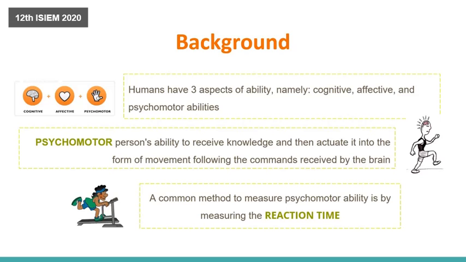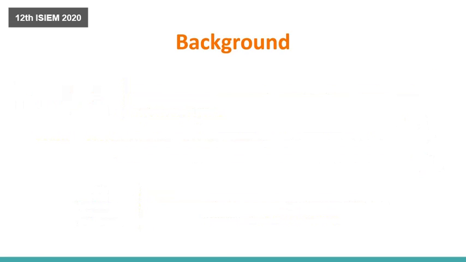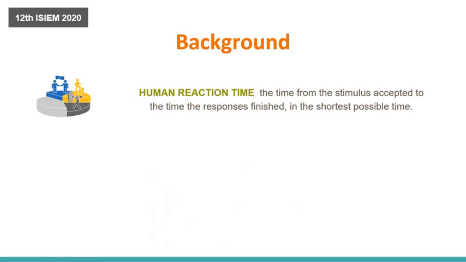Usually, a common method to measure psychomotor ability is by measuring the reaction time. What is reaction time? Human reaction time is the time from the stimulus accepted by the brain to the time it responds until the response finishes, and he could do it in the shortest time possible.